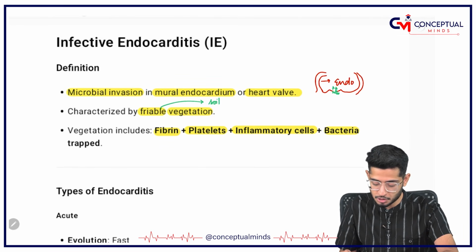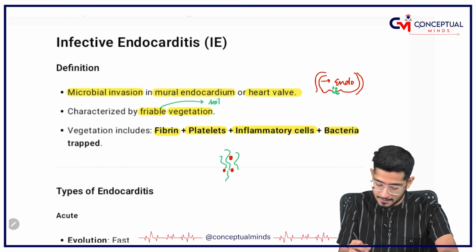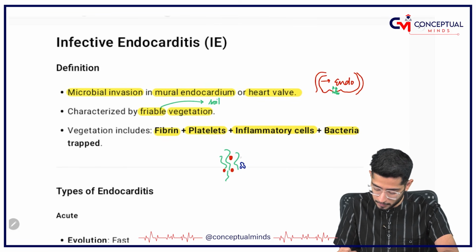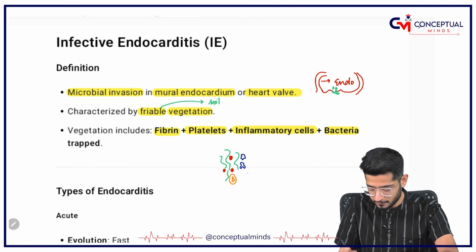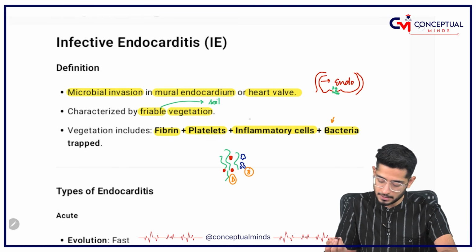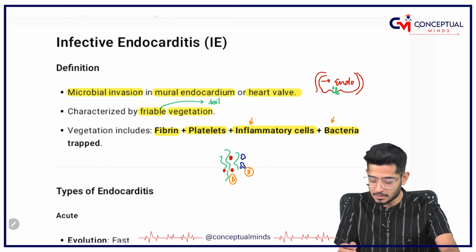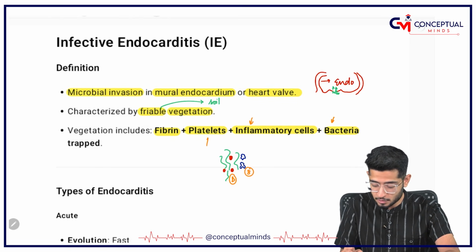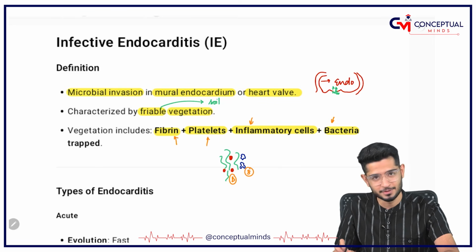So this vegetation includes fibrin threads, just like this, the platelets inside, some inflammatory cells, and of course the bacteria, B for bacteria, right? Naturally, in order to kill the bacteria, the inflammatory cells are going to come, and the fight includes a lot of bloodshed. So you can remember platelets, and then for recovery we have fibrin.